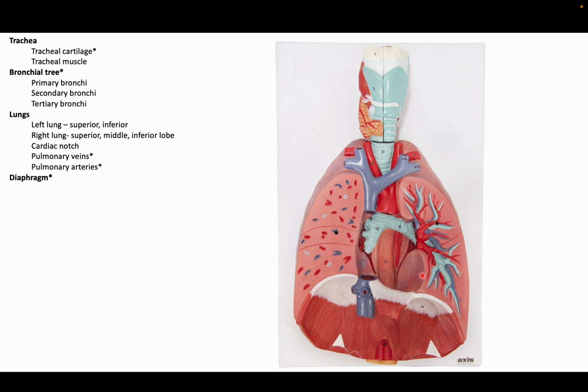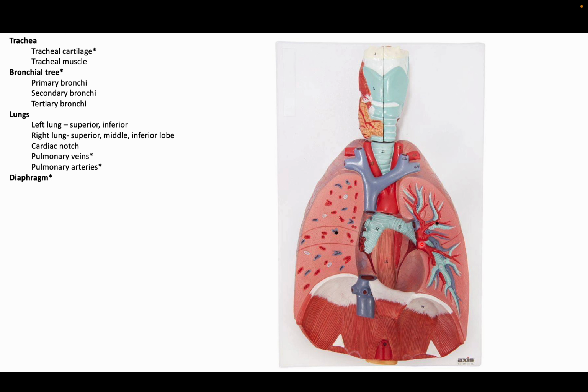If we take a look at the circulatory system, if we review that, you can see that these right here would be the pulmonary veins because they are taking oxygenated blood from the lungs back to your heart.